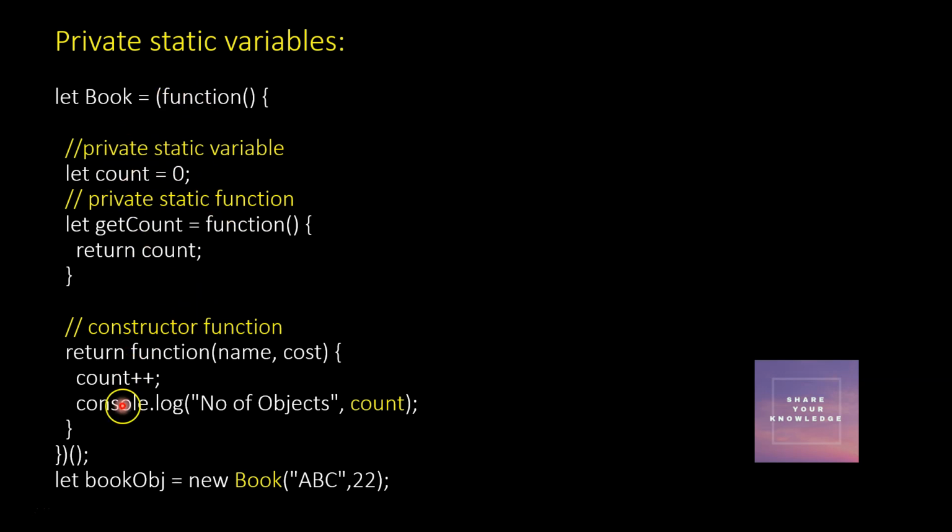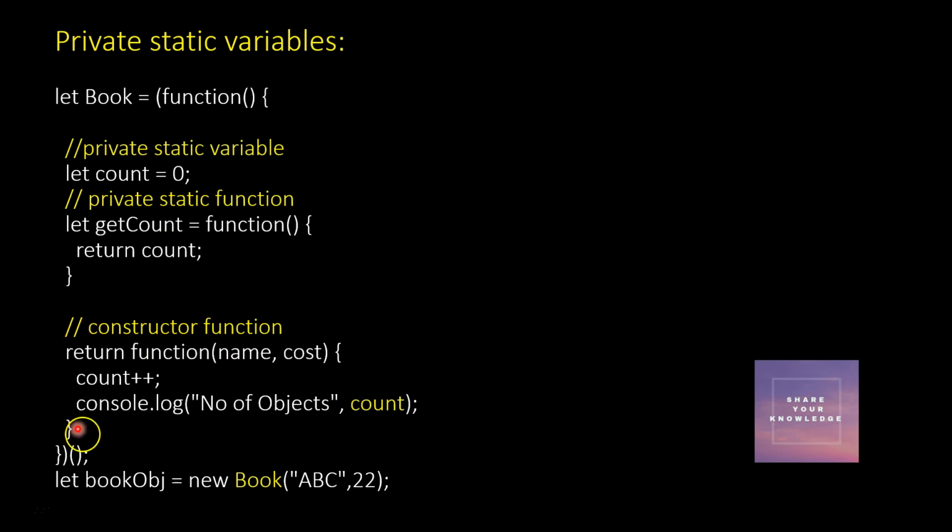Because this constructor function is in the same closure as this self-invoking function, by means of closure the constructor function gets access to these variables. With closure, you have access to the scope where it was created, even though it is returned.